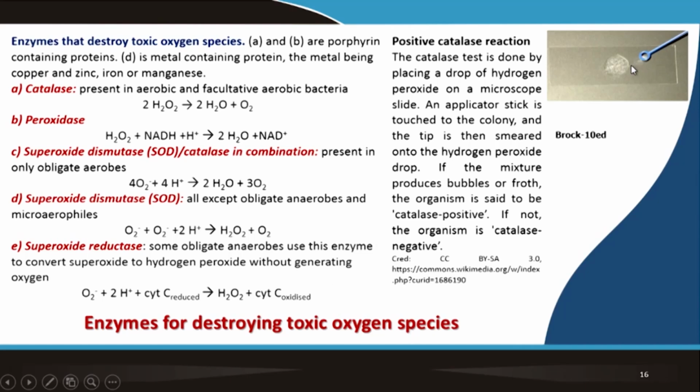So here is an example of the positive catalase reaction. If you want to know whether a particular organism has the catalase enzyme or not, there is a very simple test for it.